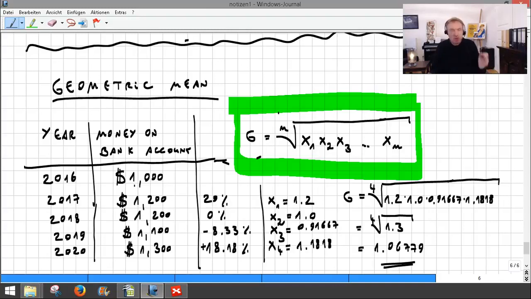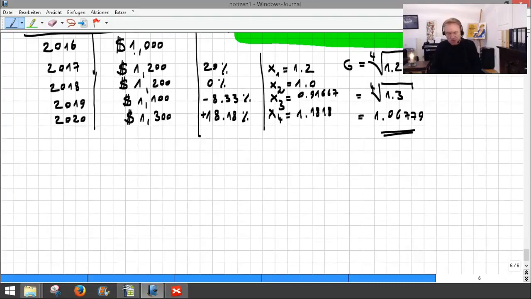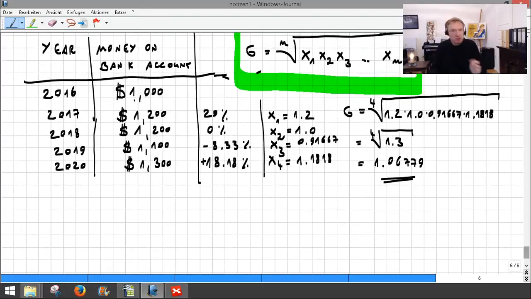Which means that the average increase of the amount of money on our bank account is 6.779%. That's the average value. Is this true or not? It is true, because let's look at this. We have $1,000 at the very beginning.